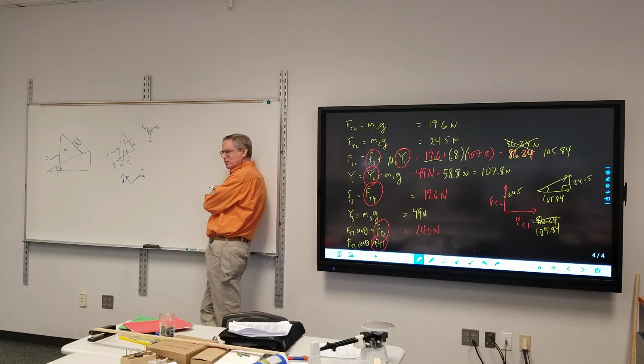So down the ramp is cosine? Is that what you just said? Weight 1 cosine beta? No, wait, I thought we were working on mass 2 right now. No, mass 1. Yeah, sorry. Sorry, what was that? I just said bigger. Okay.